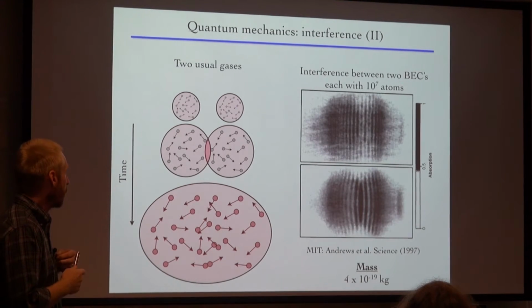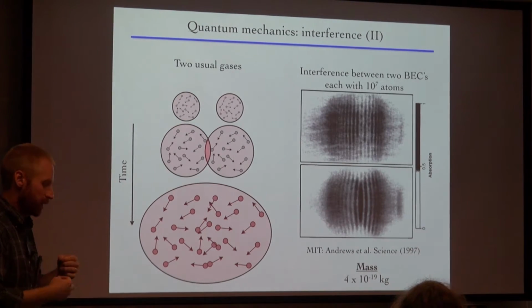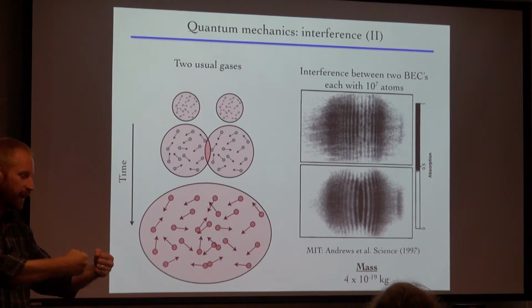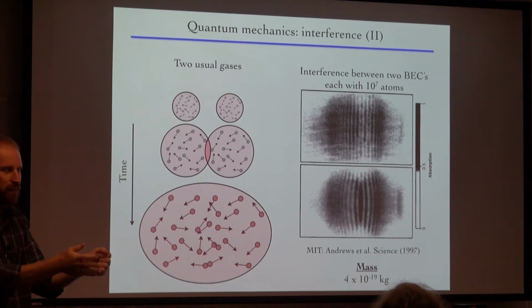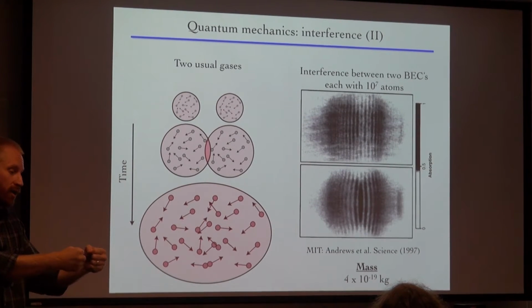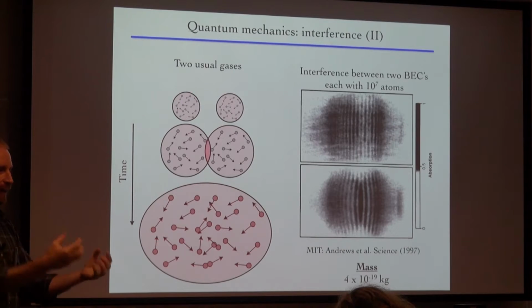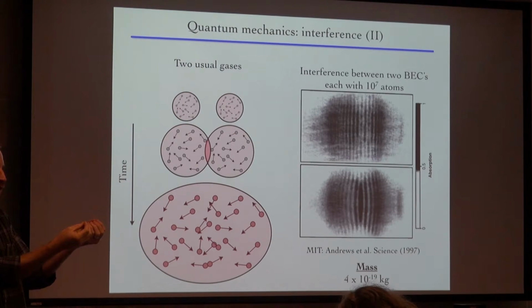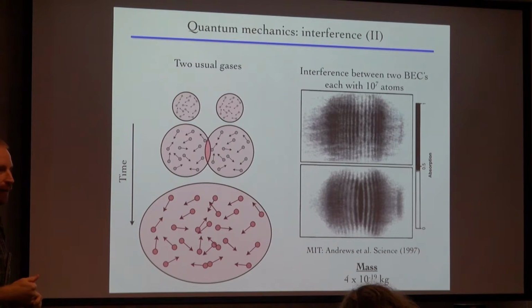What they did in this experiment is confine the atoms in a trap, which was a combination of some laser light plus some magnetic fields, spaced maybe 20 micrometers apart. And then they just turned off the magnetic fields and the laser light. That's like having a bucket and making the bucket disappear. Now there's no trap at all, and these things start falling because of gravity and expanding because of pressure.